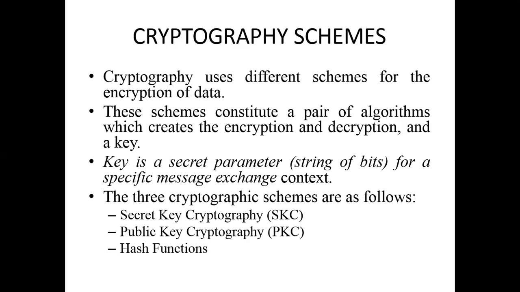We'll not really go into detail in expanding on these particular terms, but what we should understand is that when you're performing an encryption and a decryption, there are always forms of algorithms that help us do this. And when you look at a key, it's basically just a secret parameter, a string of bits, for example, for a specific message exchange content.